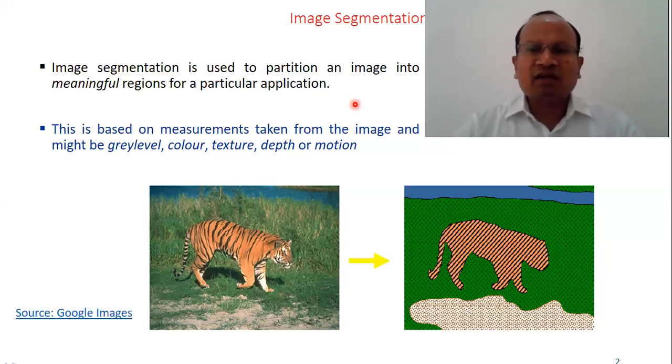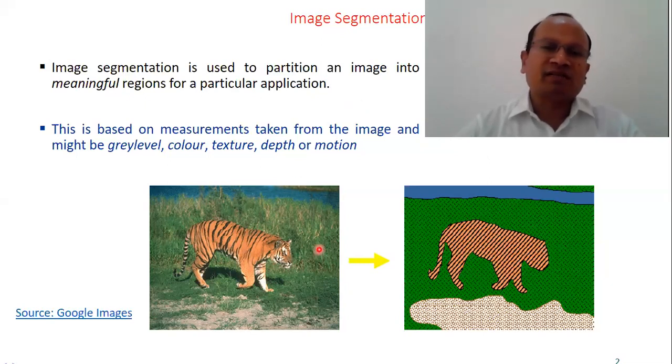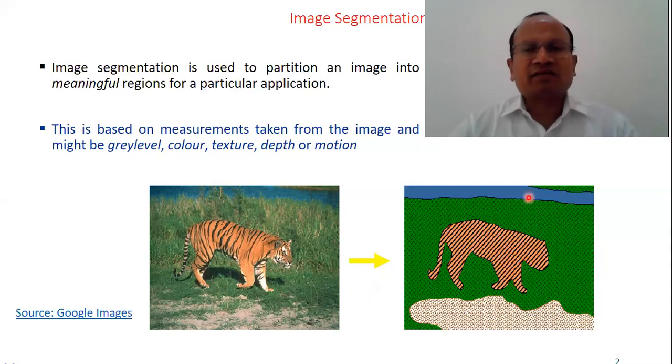You can see here just an example of segmentation where the tiger is segmented. You can see the entire body and the other areas as well, assigned different colors.